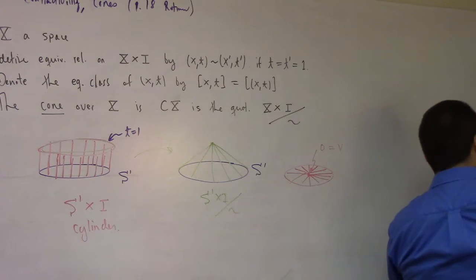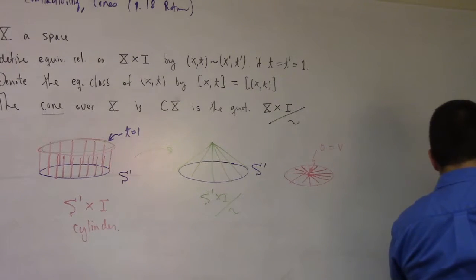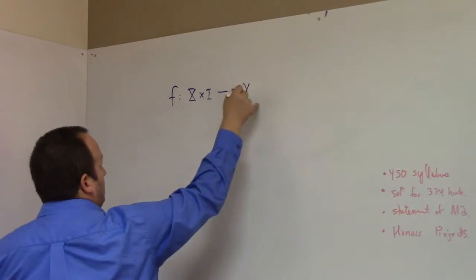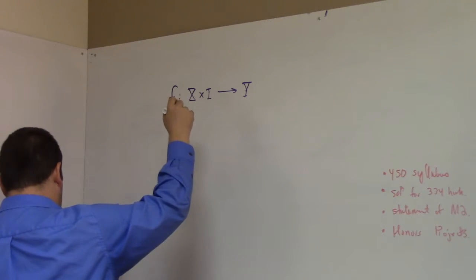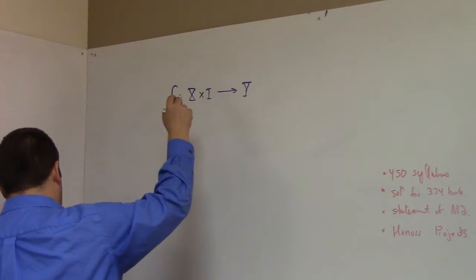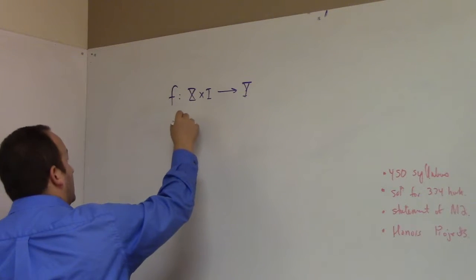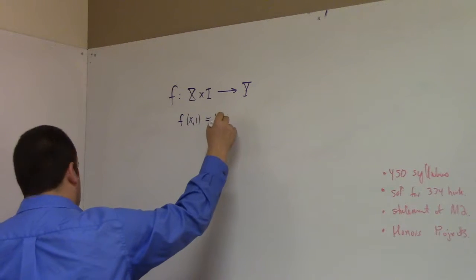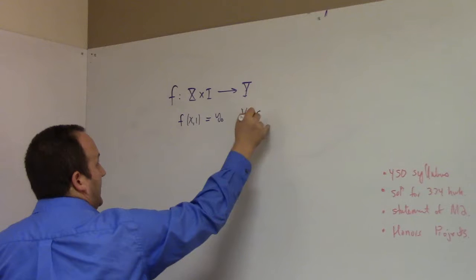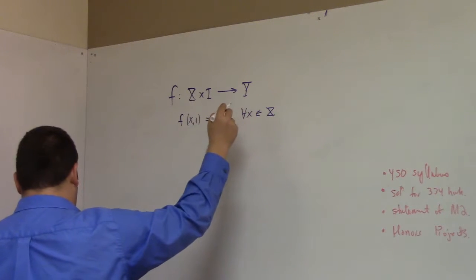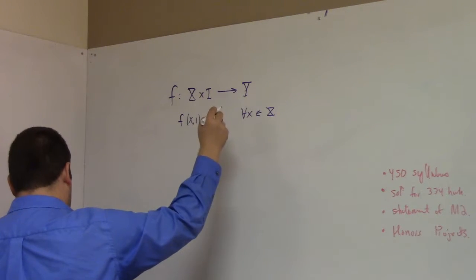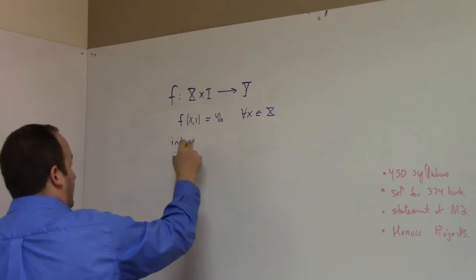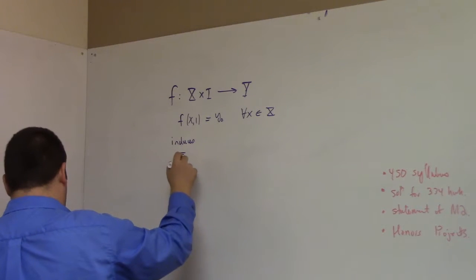It's like if you take f continuous from X cross I to Y, and suppose f of x comma 1 equals y naught for all x in X, and he says that induces a continuous map from where to where?